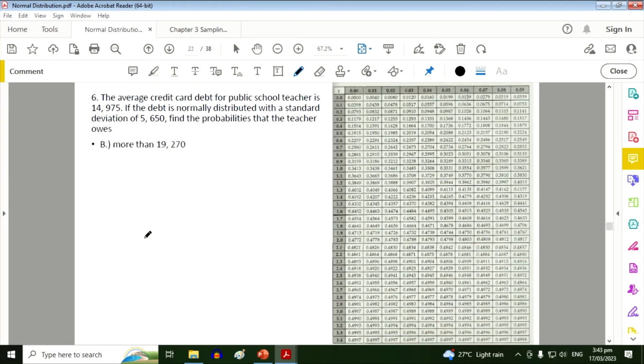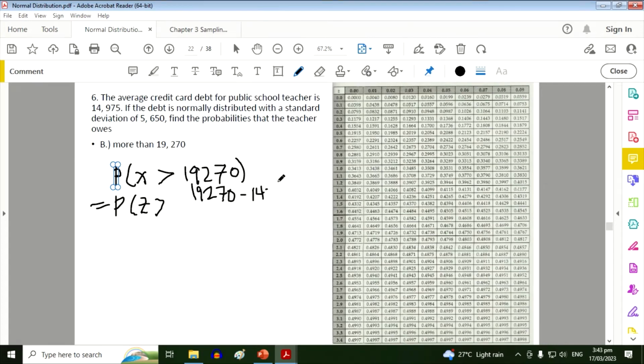Next, find the probability that the teacher owes more than 19,270. So more than, so again, that's greater than 19,270. So convert that one to Z. So 19,270 minus the mean, 14,975, over the standard deviation, 5,650.